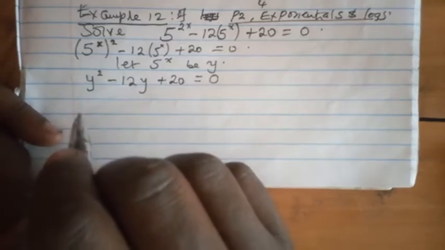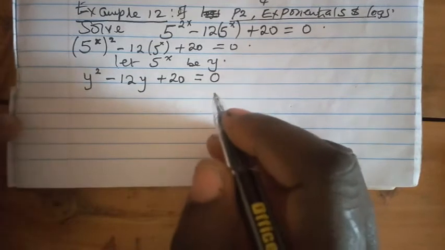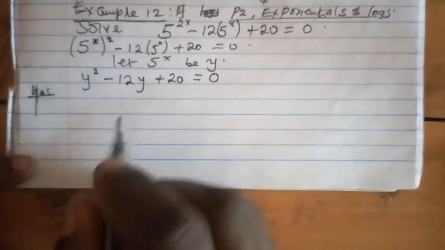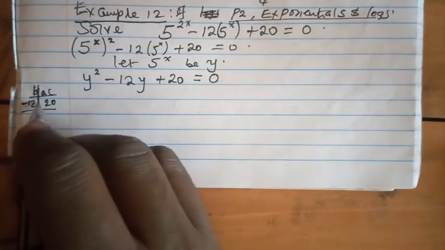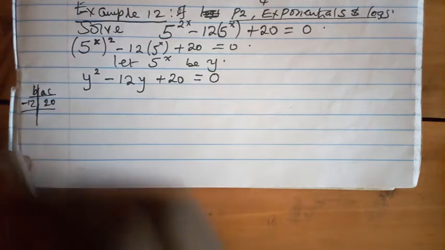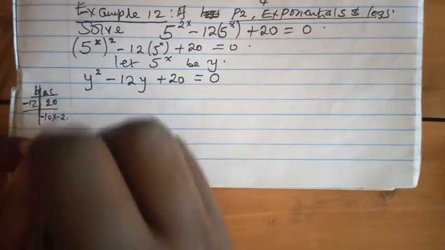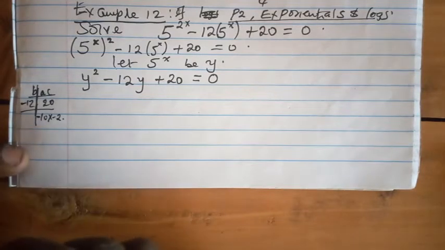equation using the factorization method. Let's talk about the BAC method. What is the B? Minus 12, and AC is 20. Two numbers you multiply, they give us 20, and you add, they give you minus 12. Of course, this is minus 10 times minus 2, and minus 10 plus minus 2 is simply minus 12.